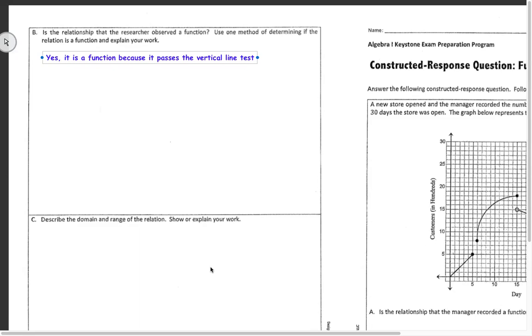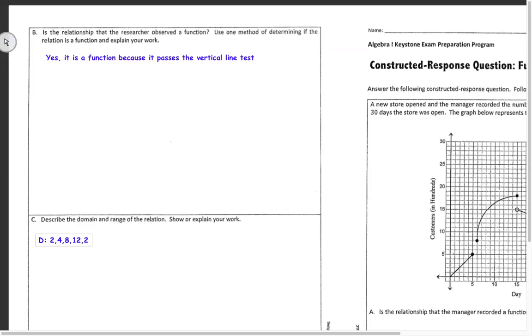Now describe the domain and range. So the domain would have been what? My x values, right? So Jack, what were those x values? So domain was 2, 4, 8, and wasn't there a 12 in there?